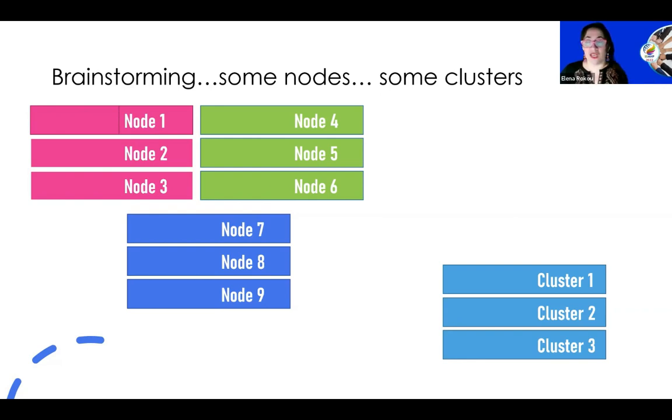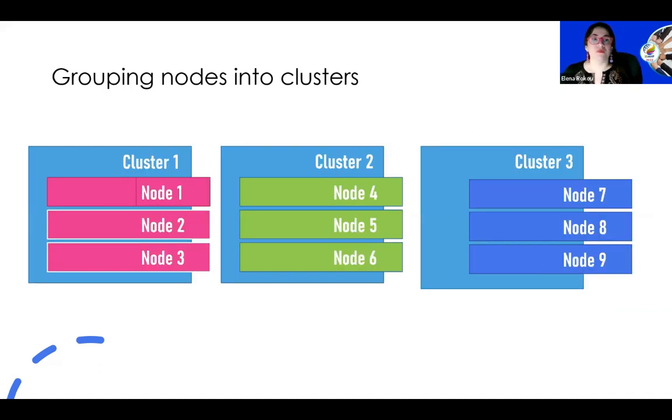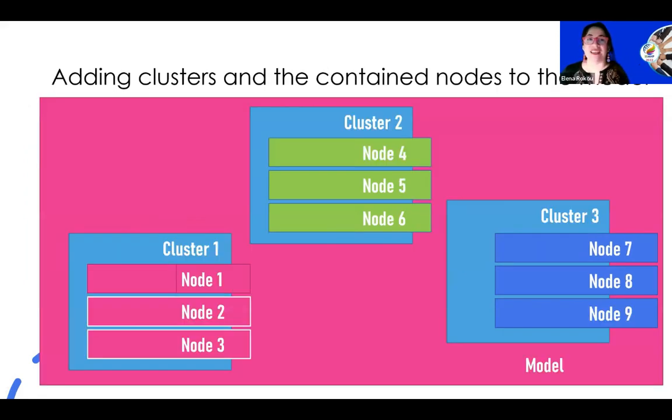I know my nodes. I know the decision factors that I want to consider. And I'm having an idea of what kind of organization, what kind of clusters I need to use. And from there, the next step, that is easy, but not so easy when you see the conceptual side of it, we will need to assign the nodes to clusters, and of course, add the clusters to the contained nodes.